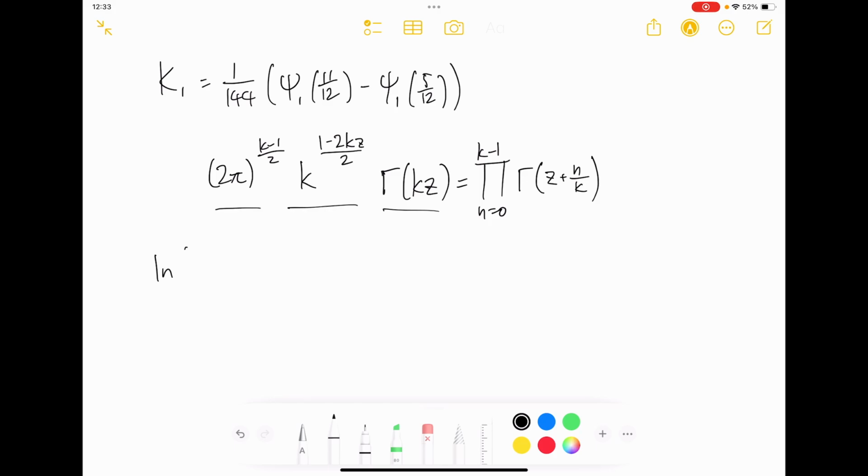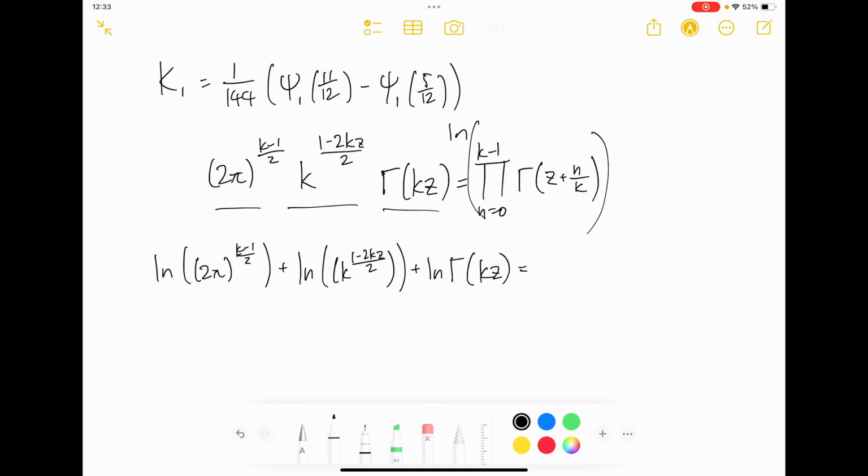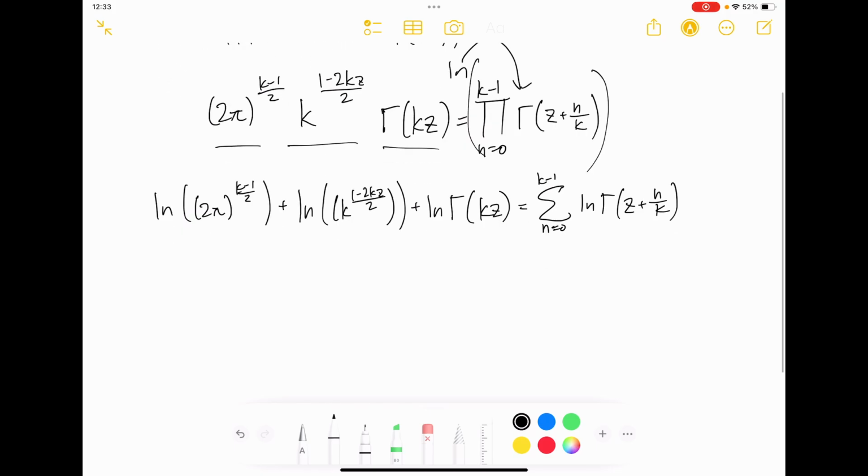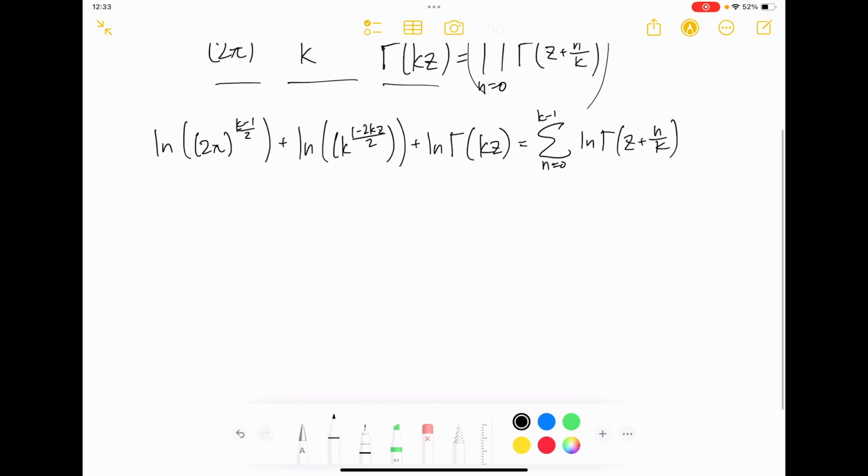So we're going to have the logarithm of 2 pi to the (k minus 1) over 2, plus the logarithm of k to the (1 minus 2kz) over 2, plus the logarithm of the gamma function at kz, equals, if we switch the product into a sum and put the logarithm inside, the sum from n equals 0 to k minus 1 of the logarithm of the gamma function at z plus n over k.